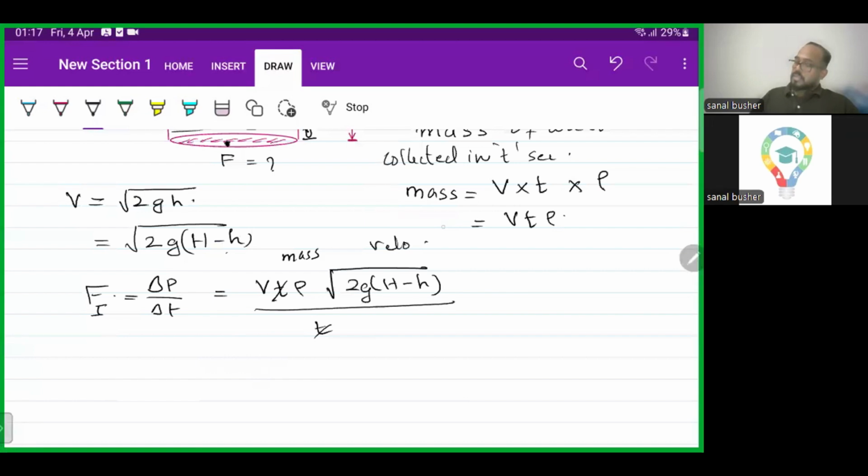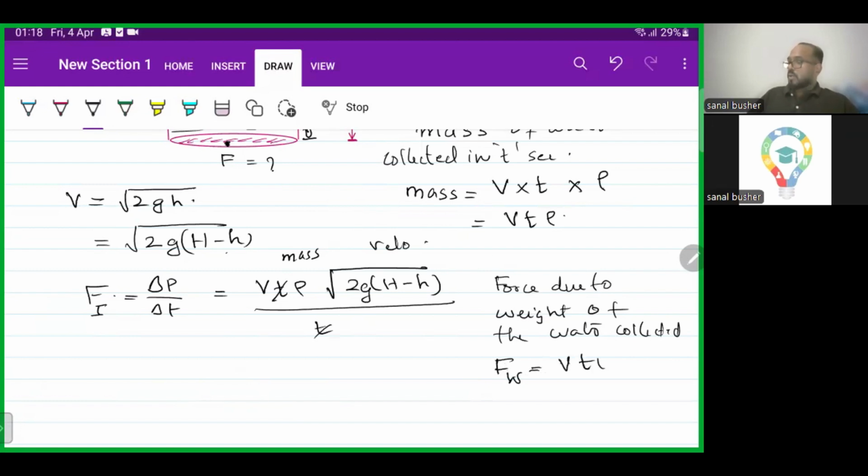Then one more is the force due to the weight of the water collected. The force due to the weight of the water collected is mg, where the mass is V t rho, so it is V t rho g. So what is the total force?